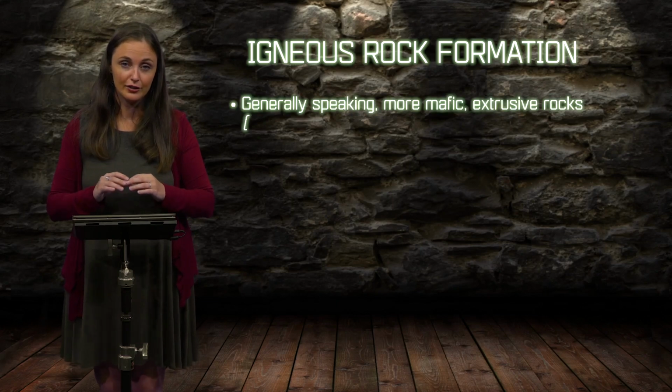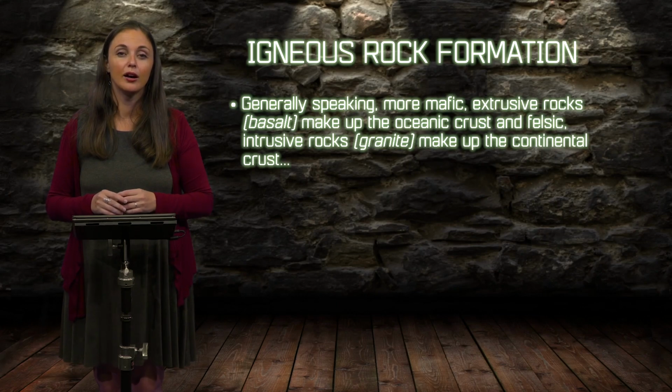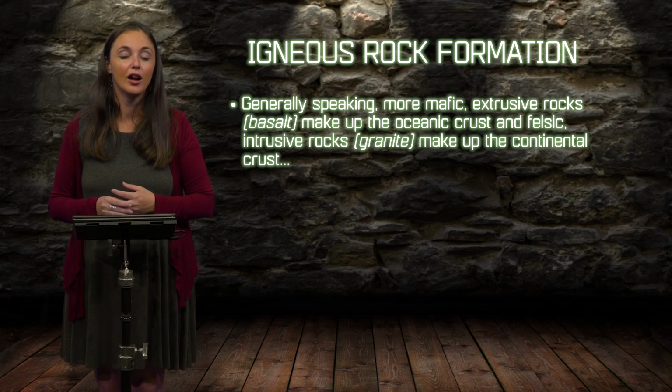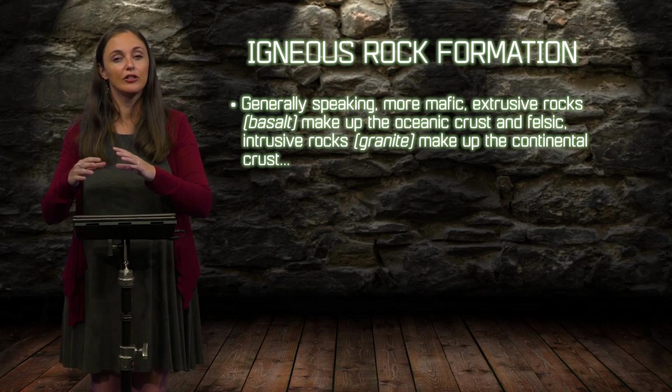But right now we're going to get into the reason why we have all of this diversity in igneous rocks. Because again, generally speaking, the more mafic extrusive rocks are going to form the oceanic crust. Intrusive felsic igneous rocks are going to form the makeup of the continental crust. But we do have all of this other diversity.